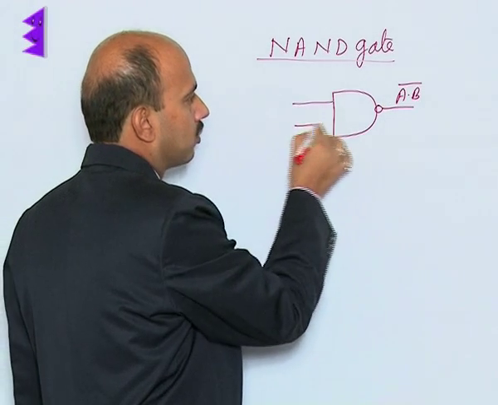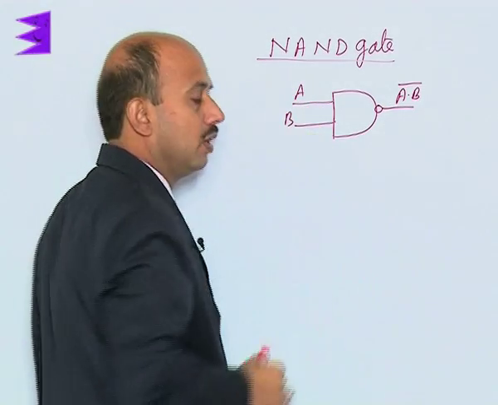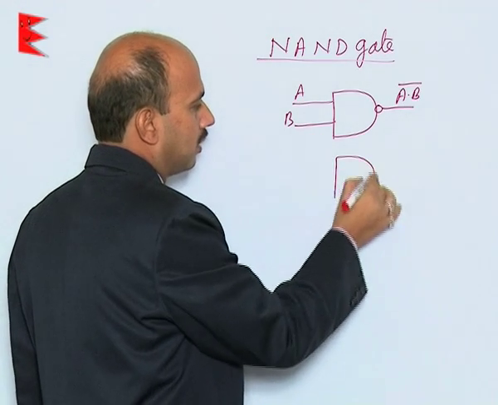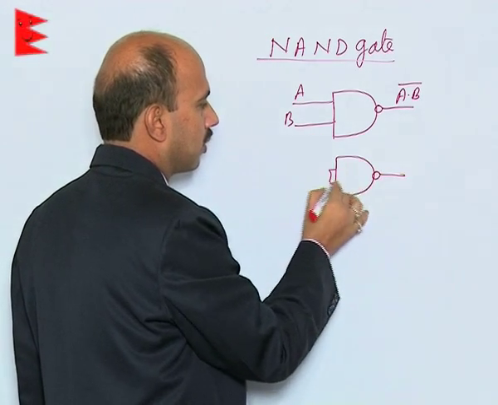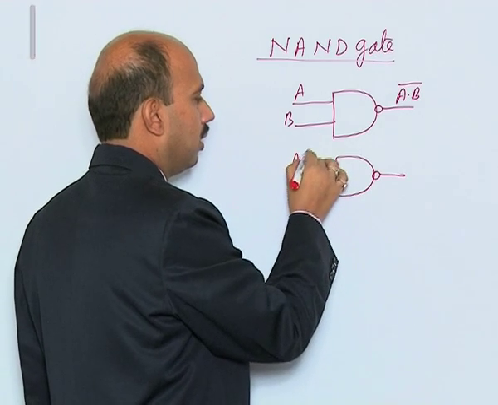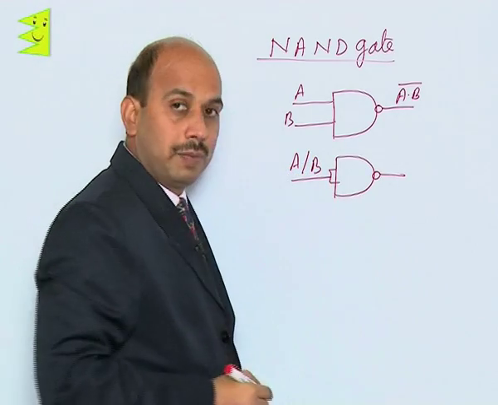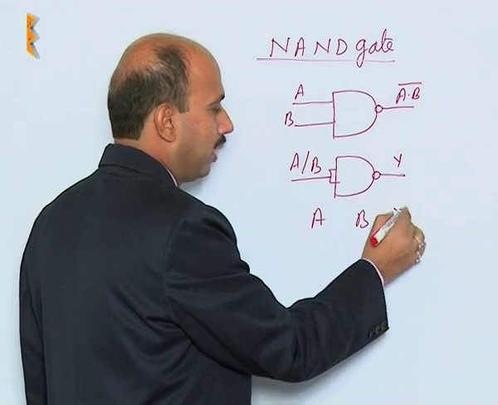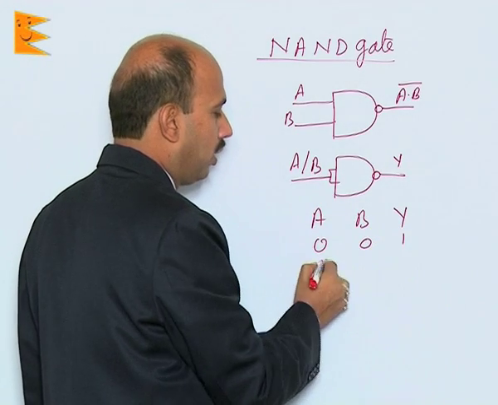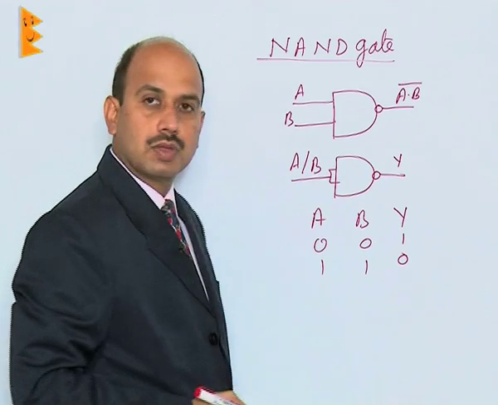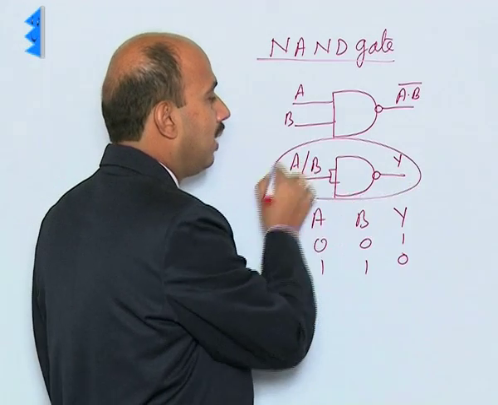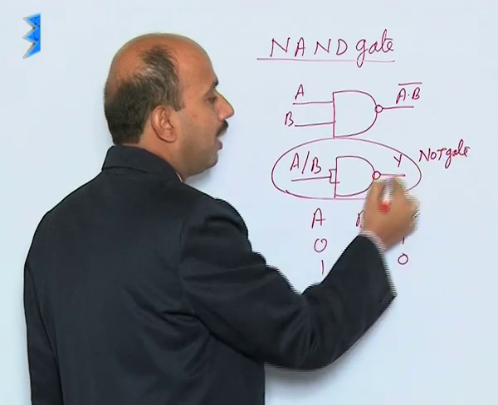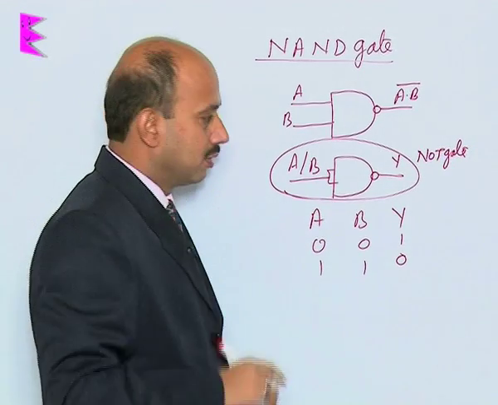There are 2 inputs, A and B. Now, if we combine these 2 inputs like this, here A or B, then make its truth table, this is Y. So, there are only 2 possibilities, A, B, Y: both can be 0, 0 giving 1, or 1, 1 giving 0. So, this is actually behaving as a NOT gate. So, we can obtain a NOT gate by using a NAND gate.